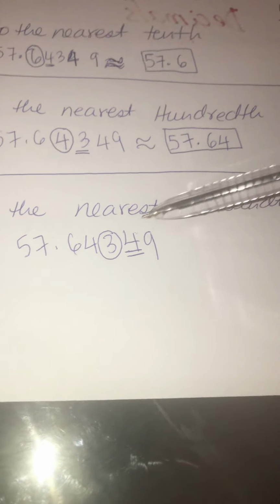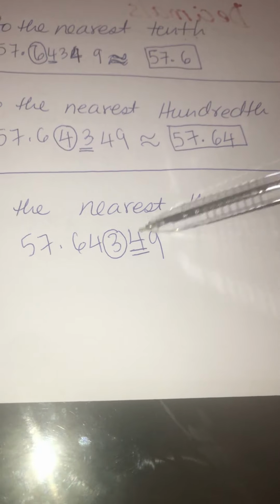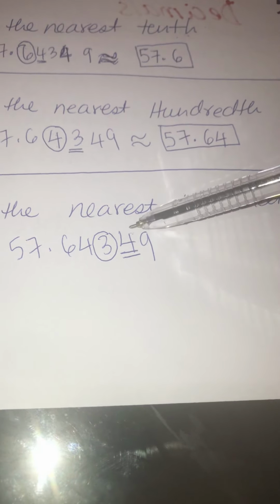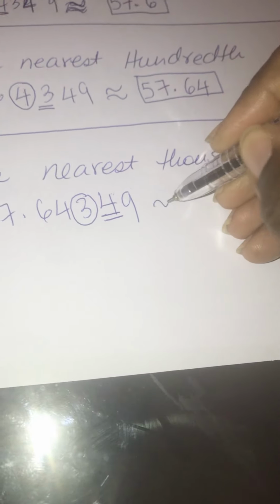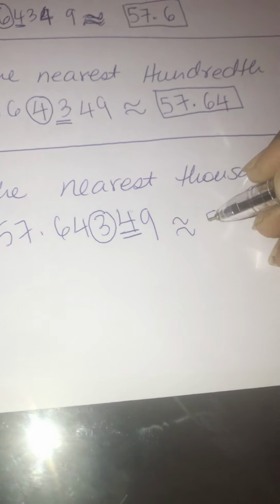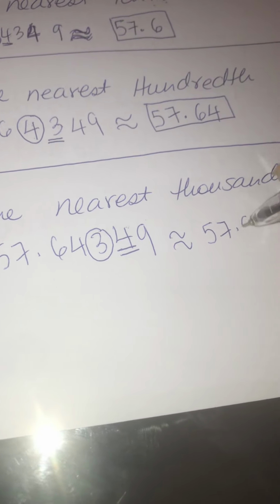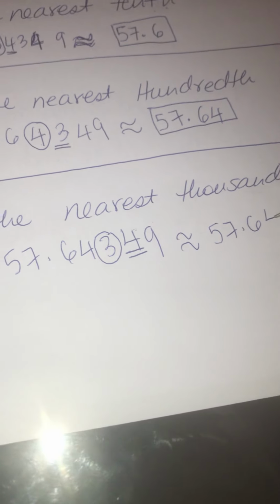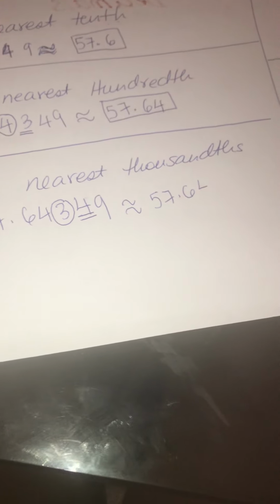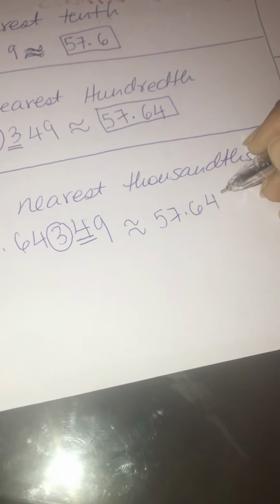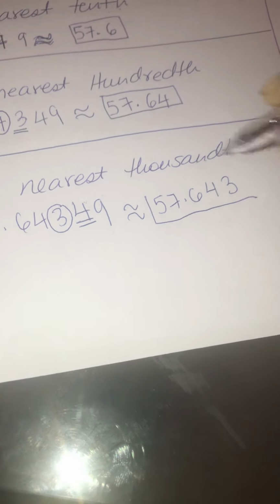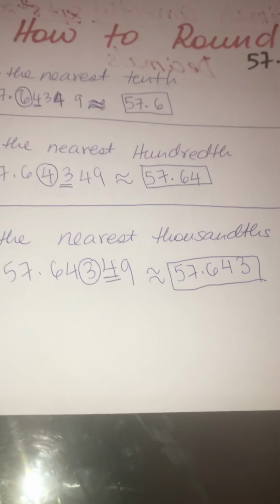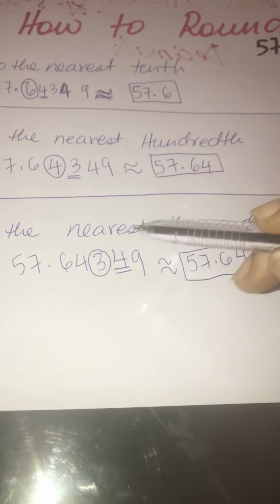Then you say no, because 4 is less than 5. And because 4 is less than 5, I cannot do anything to my circle. Therefore, my answer is 57 and 643 thousandths. And you box your answer. Just like that.